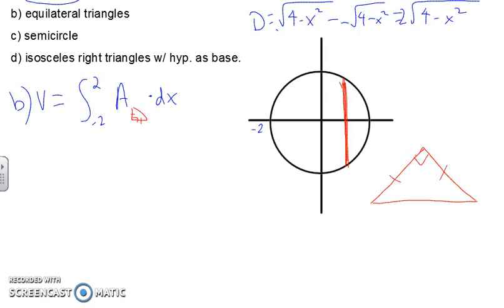Now again, I know that the formula for this triangle is area equals 1/2 base times height. Well, this is my base and this is my height right here, okay? Well, again, I know that the base has to equal 2 square root of 4 minus x squared. But what about this height that I don't have?